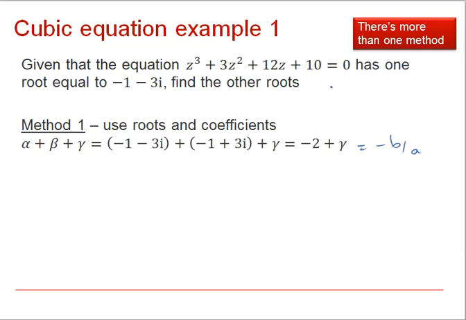And in this particular example, a equals 1, b equals 3, c equals 12, and d equals 10 from this equation here. Therefore, we have that that is equal to minus 3. This leads to the conclusion that gamma, the real root, is minus 1.